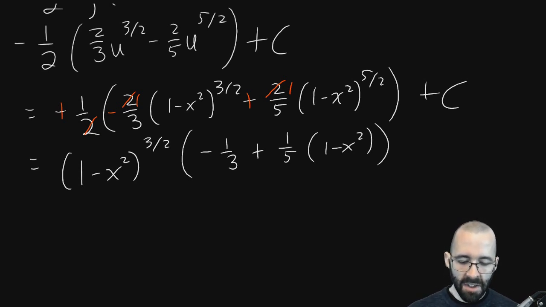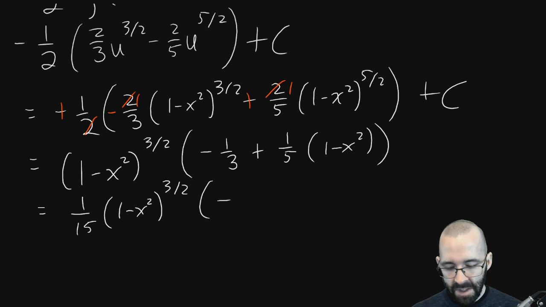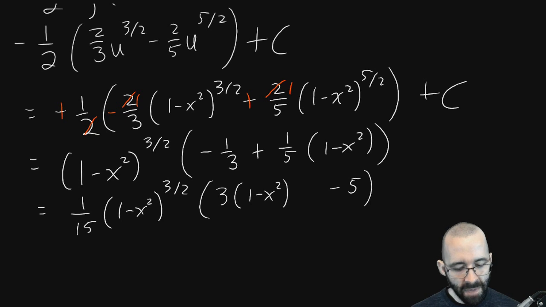And then it's also easiest if we factor out a 1/15. We can get something that looks pretty nice. This becomes a -5. Write the -5 over here. The other one becomes a 3. You can check our answer by distributing and making sure that it's the same thing.